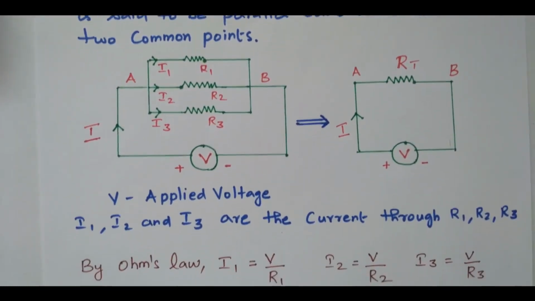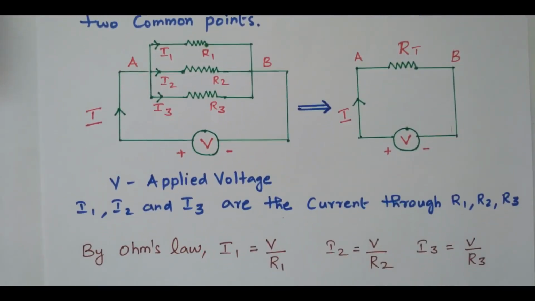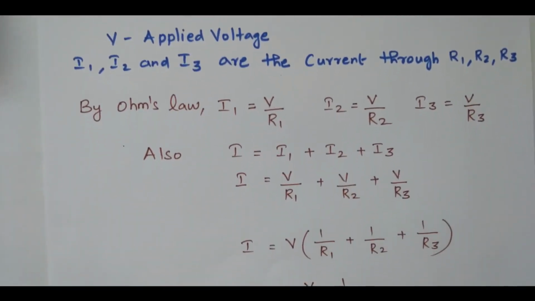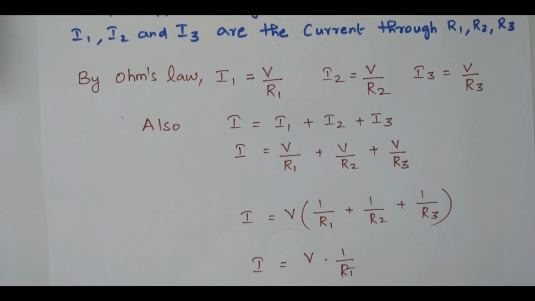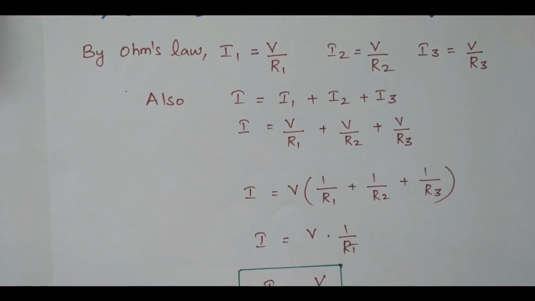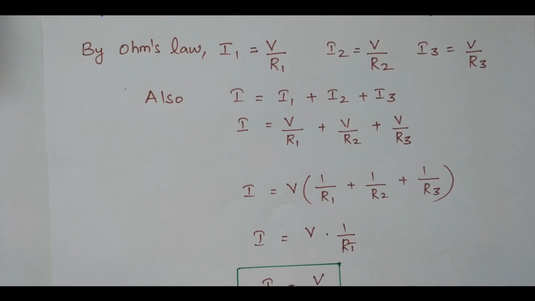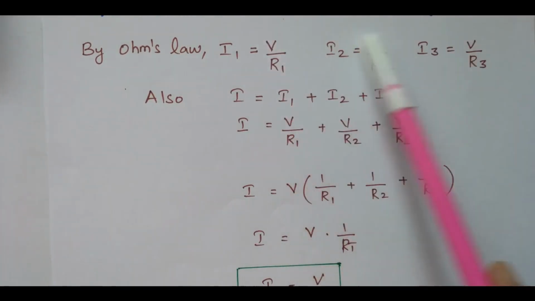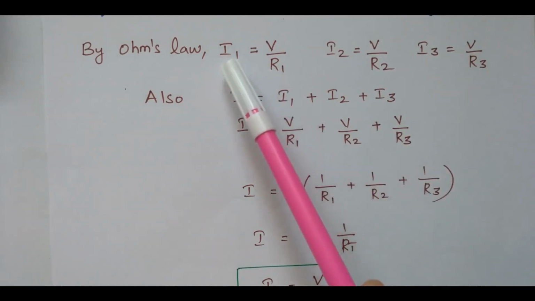V is the applied voltage, and I1, I2, I3 are the currents flowing through R1, R2 and R3. By Ohm's law we will find the current values. I already told you V is the same across all the resistors. Only the current will be different.